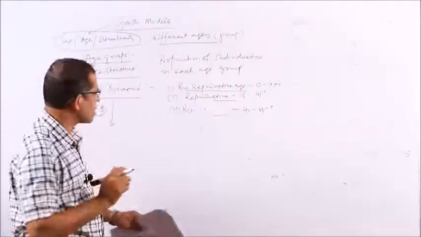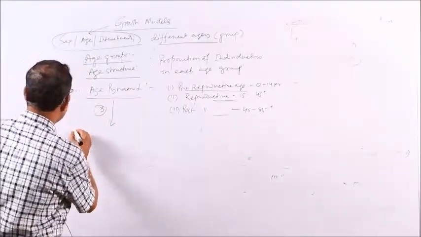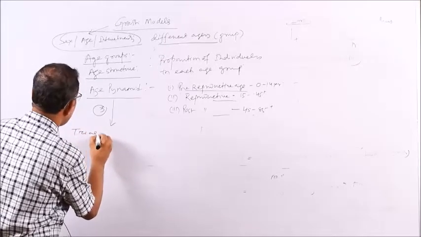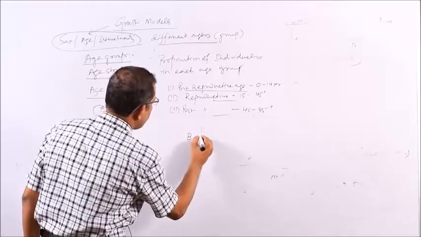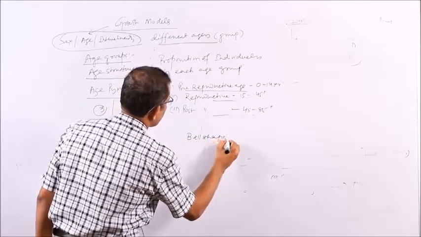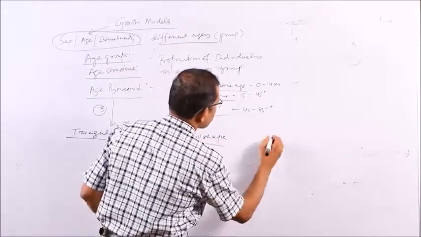The first one is triangular. The second is bell shape. The third is urn shape.